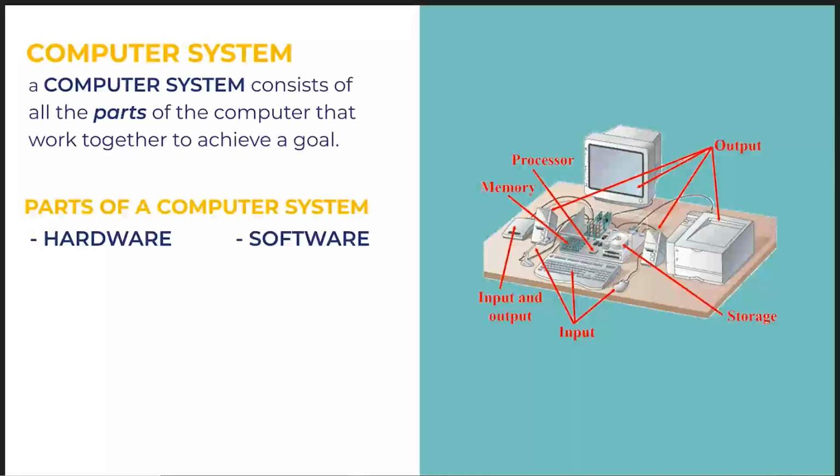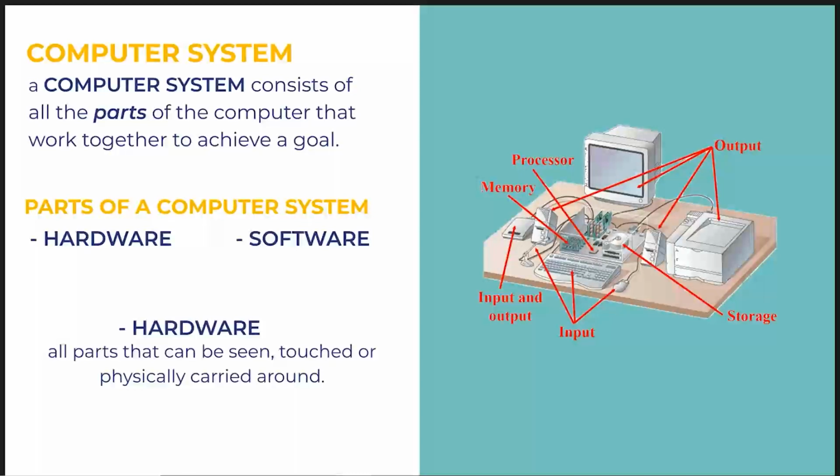So, speaking about the computer system now, it can be subdivided into two parts. The first part is the hardware, and the second part is the software. So basically, the hardware is any part that you can see, you can feel, you can touch, you can carry, like what we have on this desk, the printer, the monitor, the keyboard.